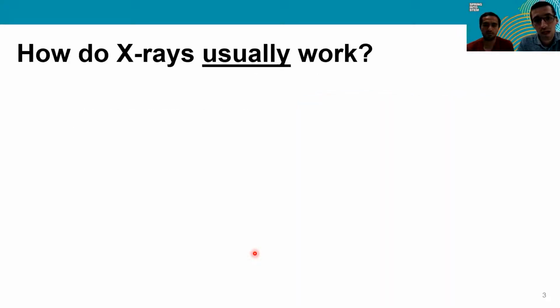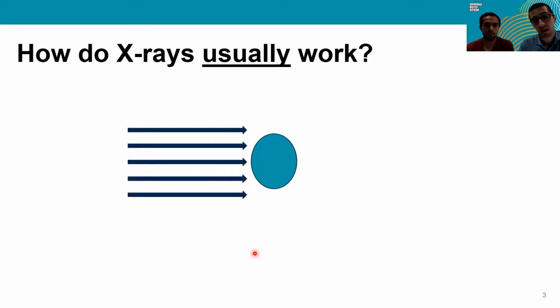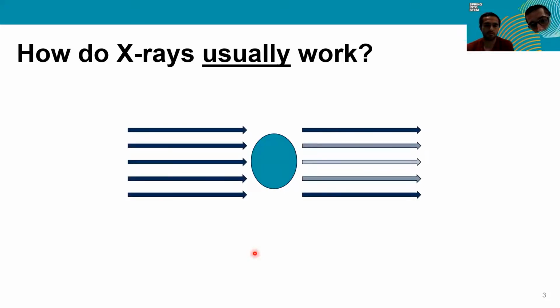So usually X-rays work in the following way. You have an object, which could be my teeth, could be your lungs, could be anything. You have the X-rays coming in, and then they come out. But after going through the object, they've interacted with the object in interesting ways. They are attenuated. What that means is that the intensity of the X-rays coming in is higher than the intensity of the X-rays going out.